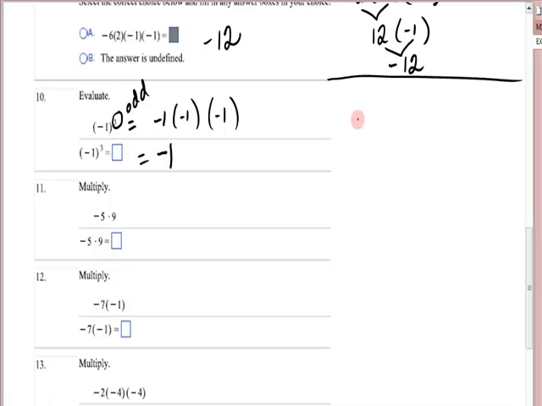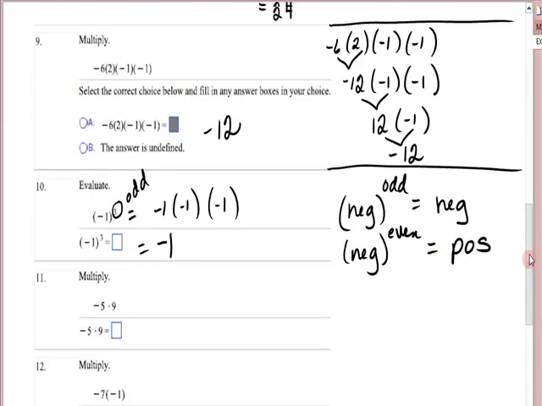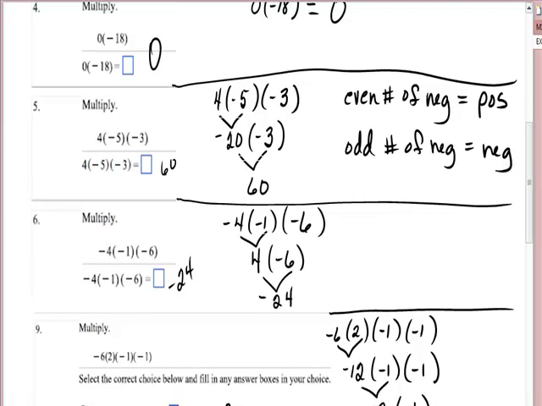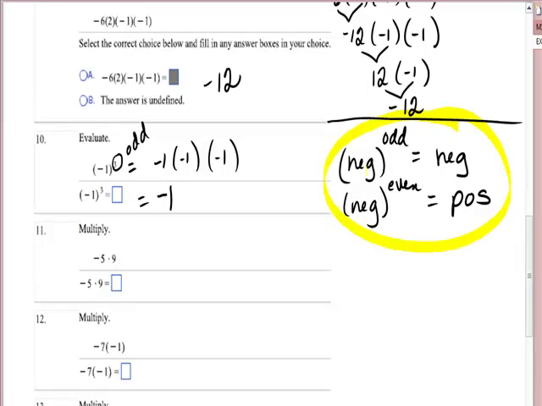So if you have a negative base to an odd power, you're going to get a negative, just like we did in this problem. If you have a negative base to an even power, you're going to get a positive. I think that you should take a minute and make sure that you write down that rule.